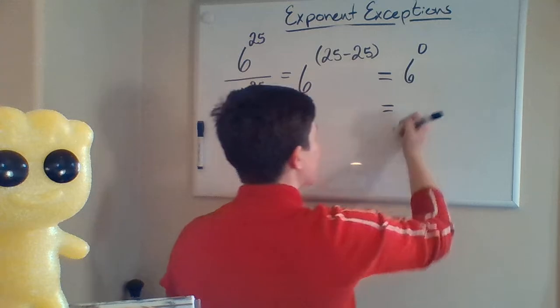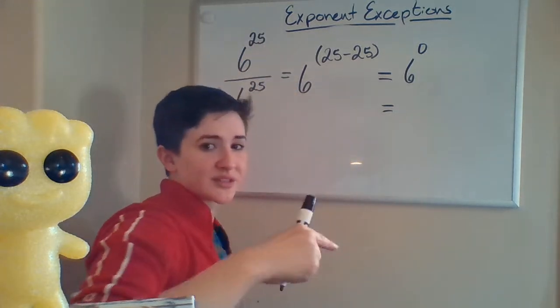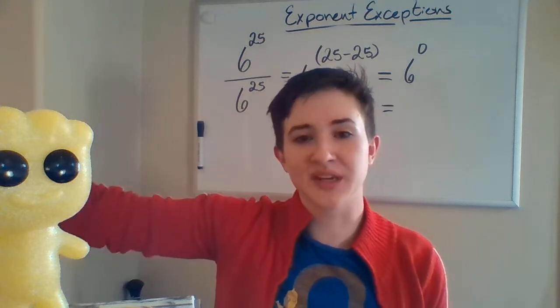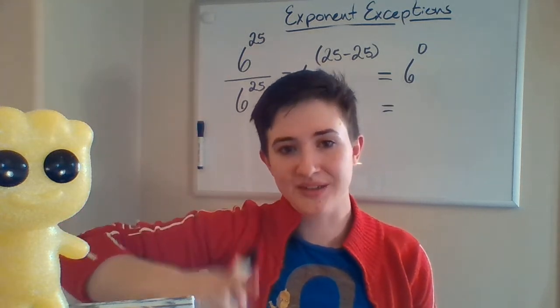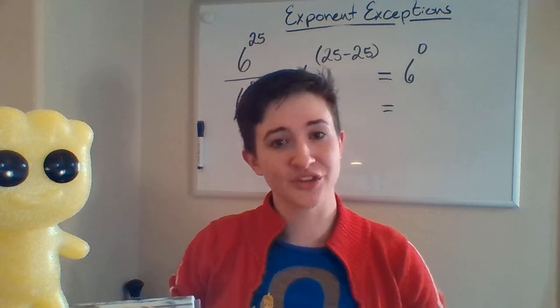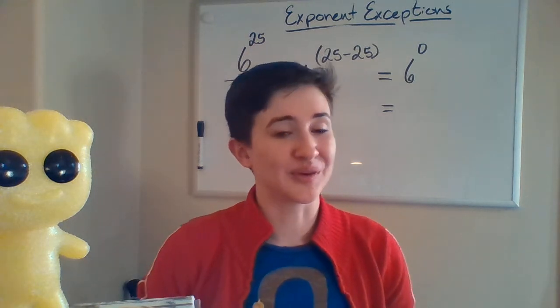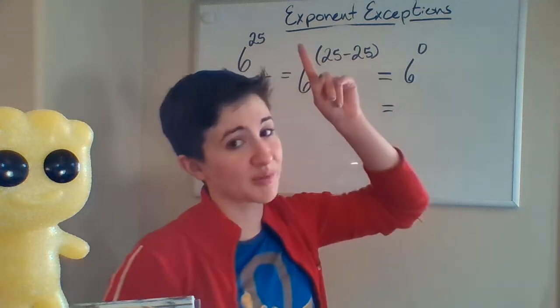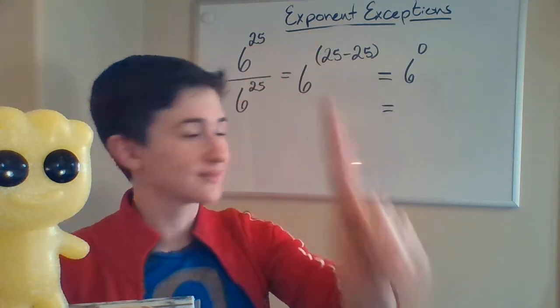Now, with 6 to the 0th power, these all would have canceled out, every single one of them. That would have been 1 times 1 times 1 times 1 times 1, 25 times. 1 to the 25th power is what? You should have answered this on your Kahoot. 1 to any power is just 1. So 6 to the 0th power is 1.